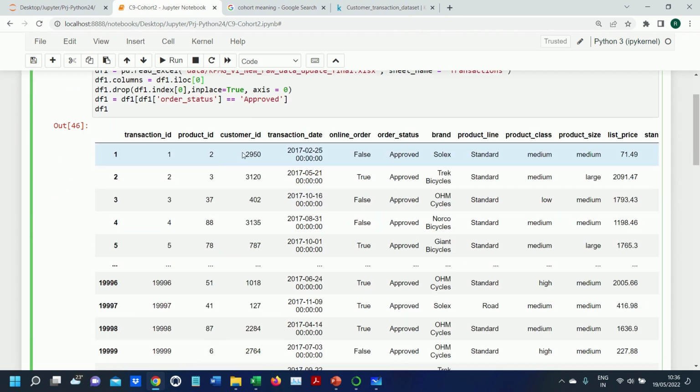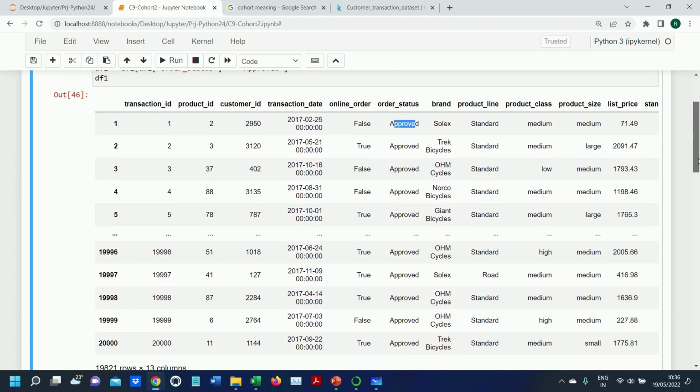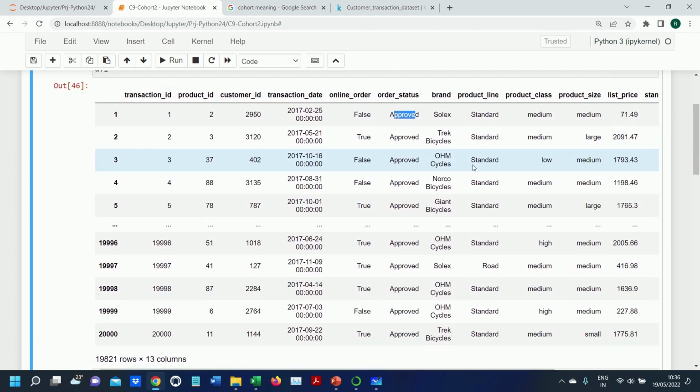Each row contains the customer ID and the transaction date, and whether the order is approved or not. So basically we are filtering with approved, so we can consider all these 19,821 transactions, which are approved transactions where the customers have purchased all through the year at a certain transaction date.